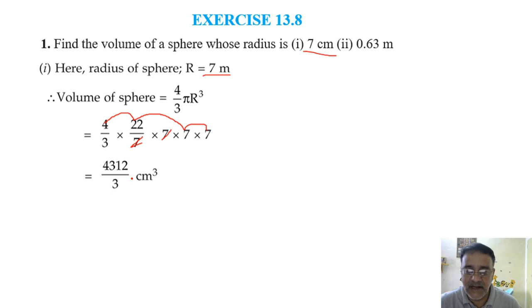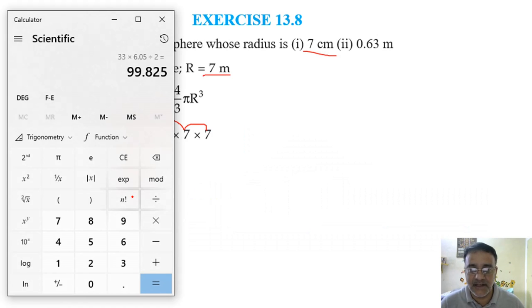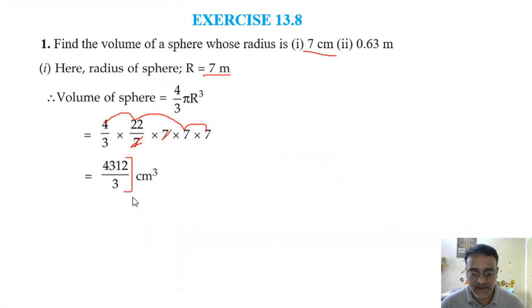And the answer is given in mixed fraction only, so we have to divide it by 3. Because if you divide directly you will get a decimal, but the answer is given as a mixed fraction. 1437.33 if you write in decimal, otherwise in mixed fraction this is the answer.